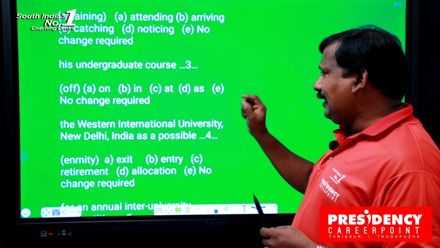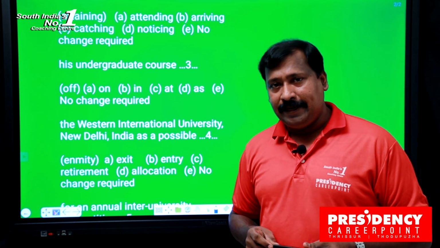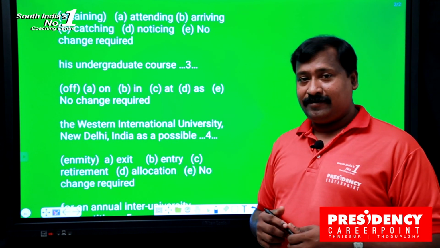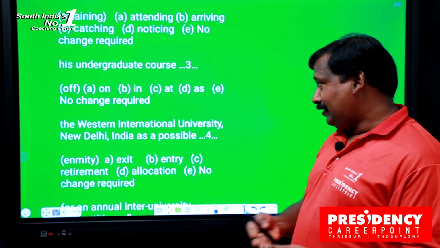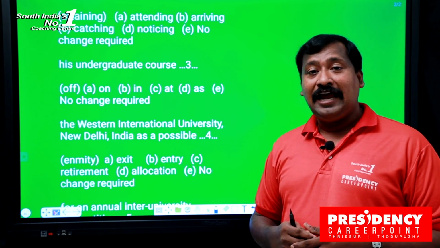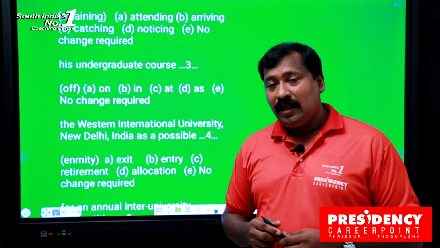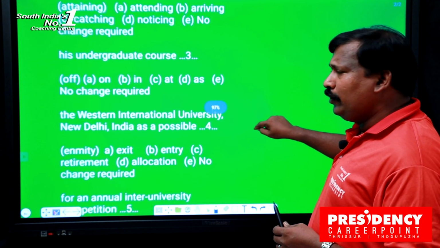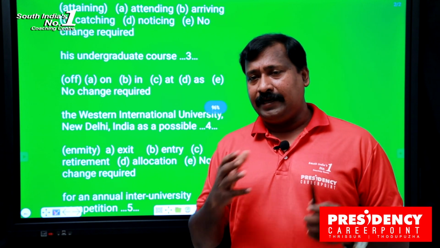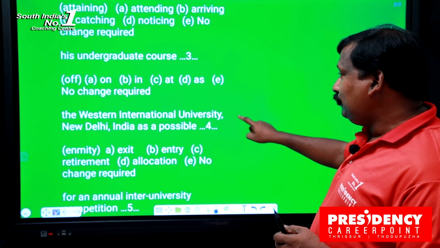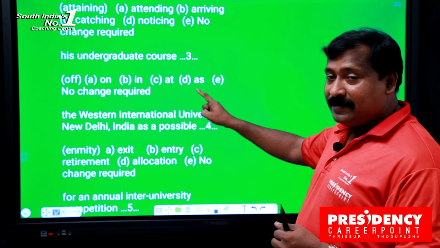So this is really complicating. Which preposition should be used in this context, whether it is in or at. Some of you might have got in, or some of you might have got at as your option. Now we have to conclude between these two which would be the right answer. You know very well that these two prepositions, in and at, can be used interchangeably, but in this context we have to use only one preposition which is right.